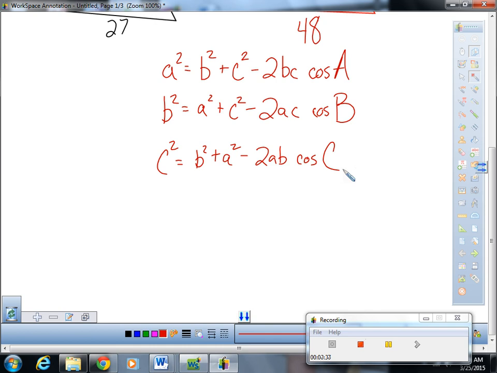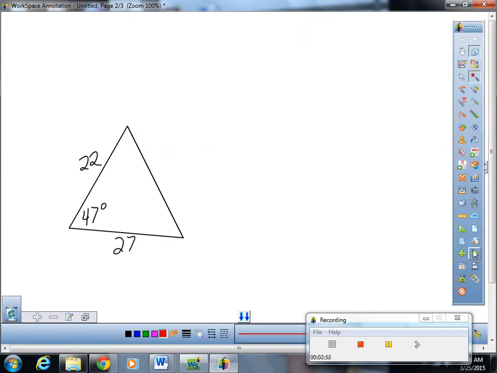We just got to identify when to use which one and how to manipulate them. Alright, so let's look at an actual example.